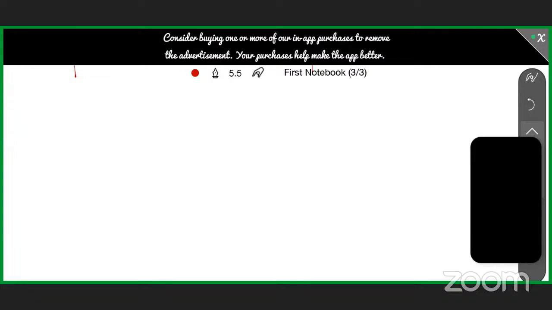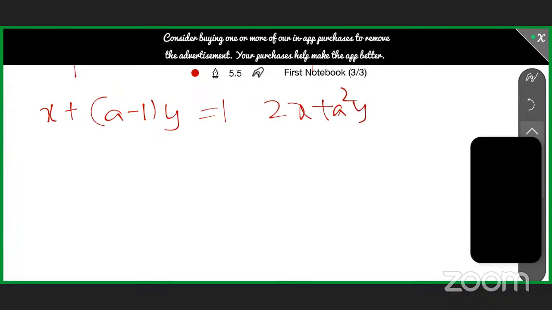As asked in the recent JEE Mains: if two lines x plus (a minus 1) into y is equal to 1 and 2x plus a square y is equal to 1, where a belongs to R minus {0, 1}.